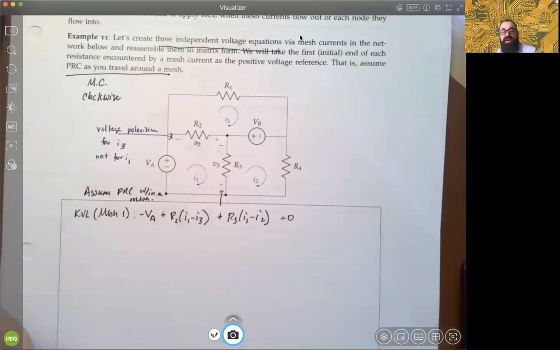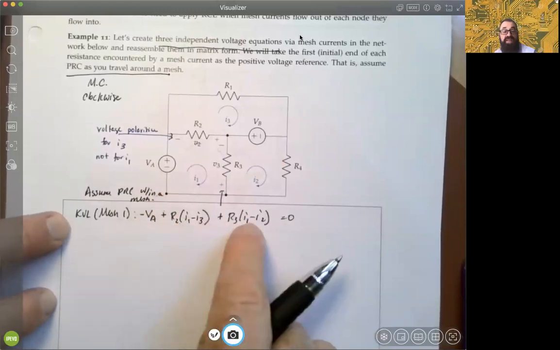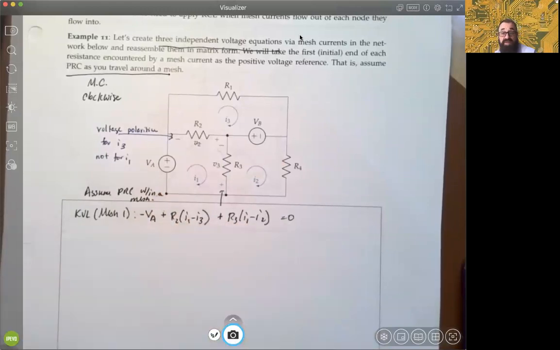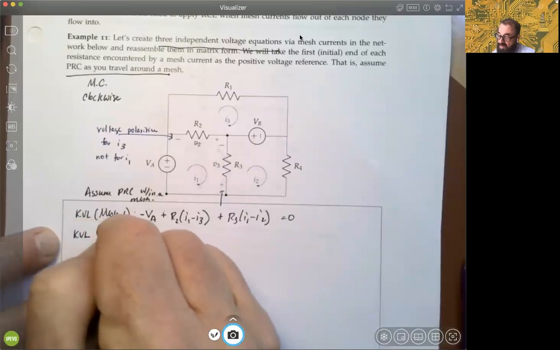Another way to think about it is that when you're in mesh 1, current I1 is always going to be the positive one, the way we've done it. If you go to KVL for mesh 2, you can see the same behavior. Let's go to mesh 2.